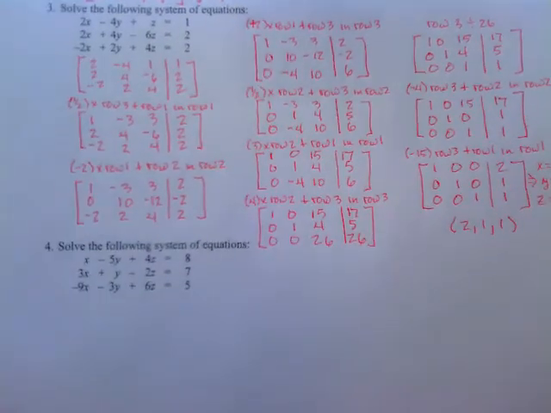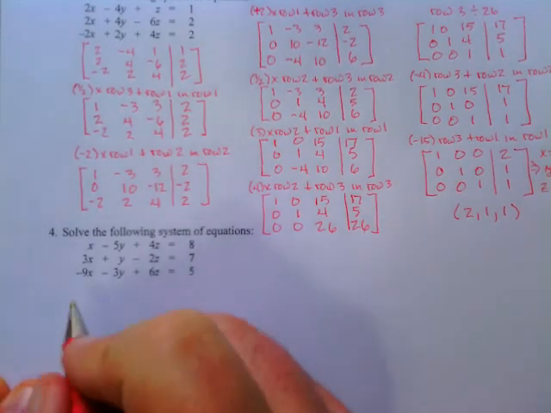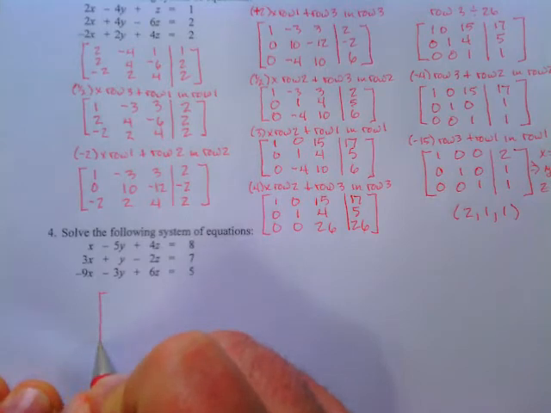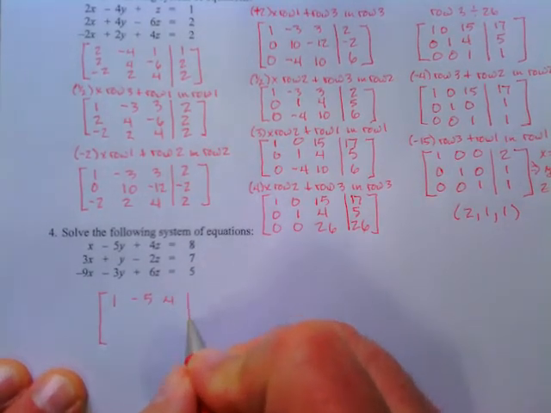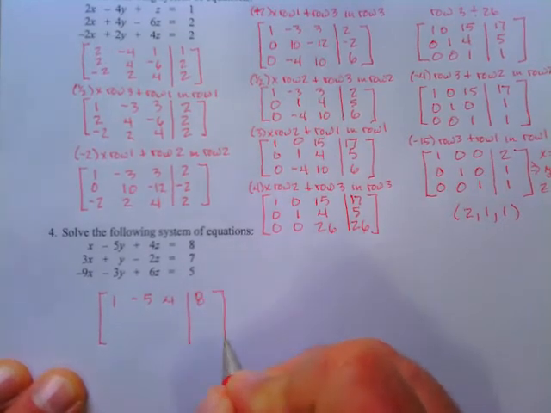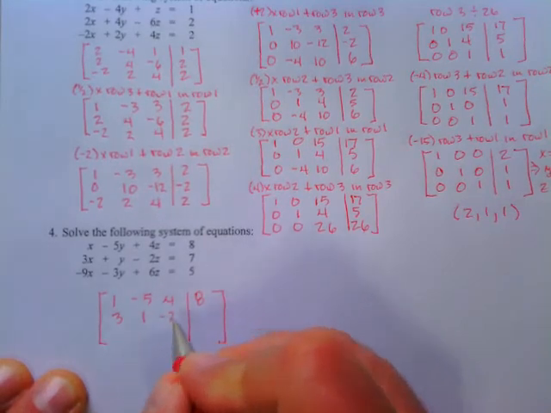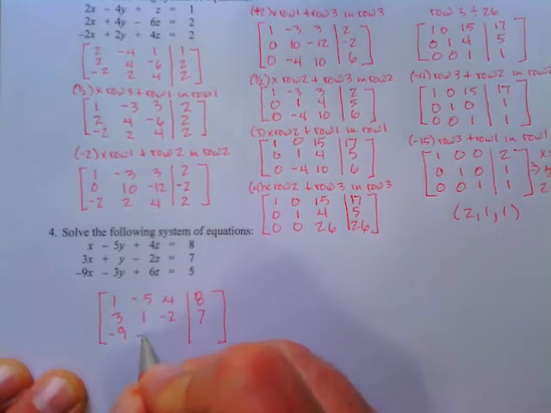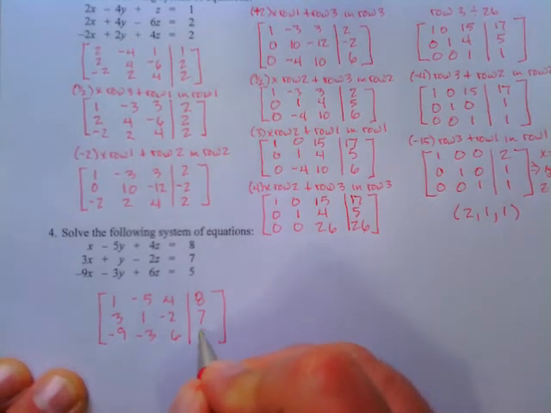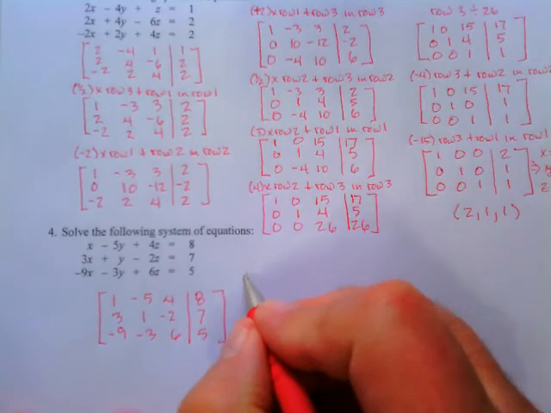Okay, now let's look at our last example. And first, if we write it, 1, negative 5, 4, 8, and then we have 3, 1, negative 2, 7, negative 9, negative 3, 6, and 5. Now, I notice something.